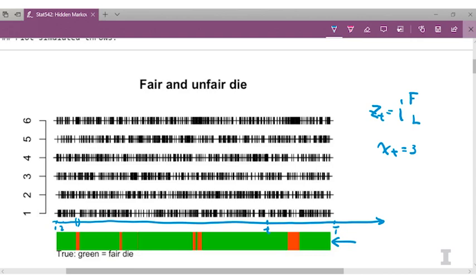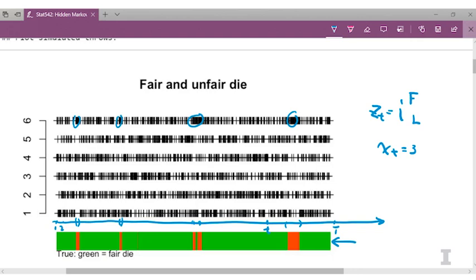I think red referred to loaded. And during this region, there's a high chance the loaded die is used, and similar here and in those regions. And the results seem reasonable because we do see a cluster of high chance of getting 6 during this time range.